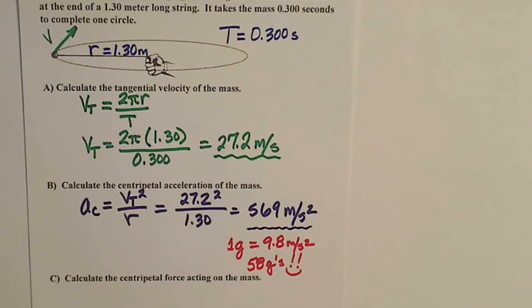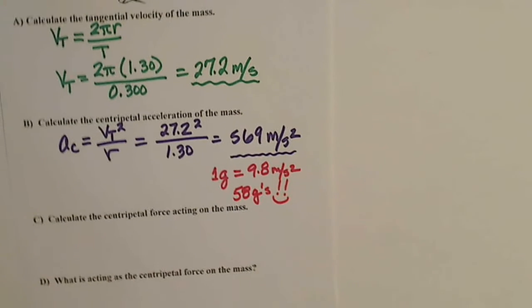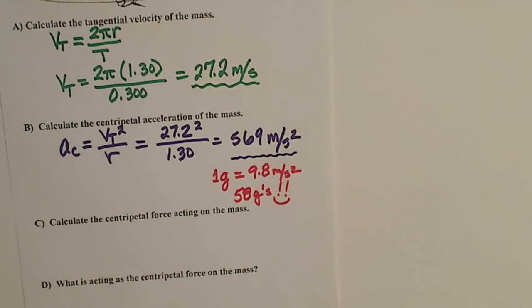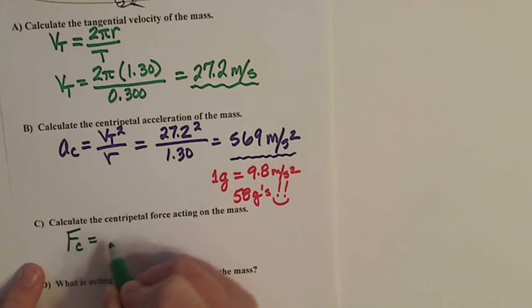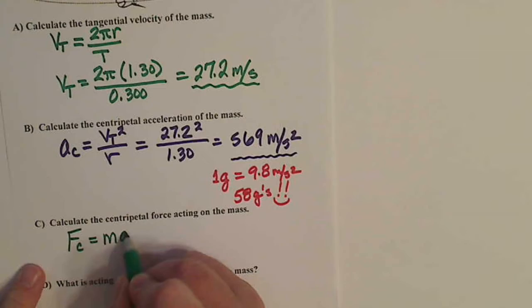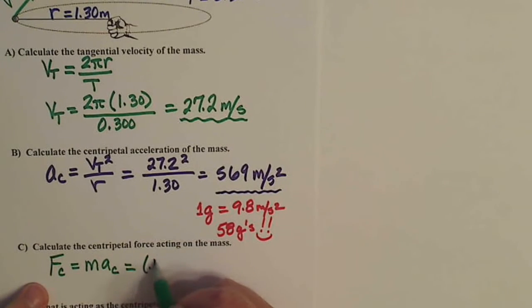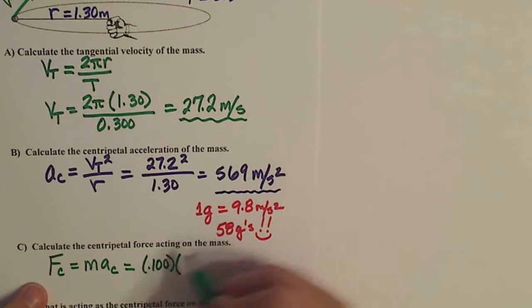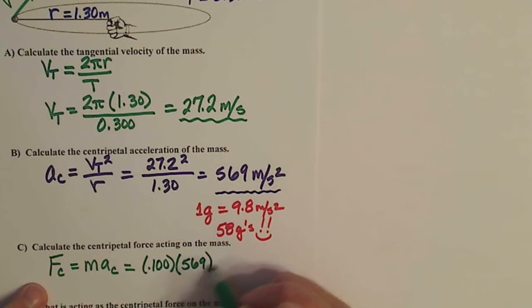Okay, onward and upward. Now they want us to calculate the centripetal force acting on that mass. So the centripetal force is just the mass times the centripetal acceleration. So we're going to take that mass, which we haven't needed until now, 0.1, times the centripetal acceleration we just found, 569.